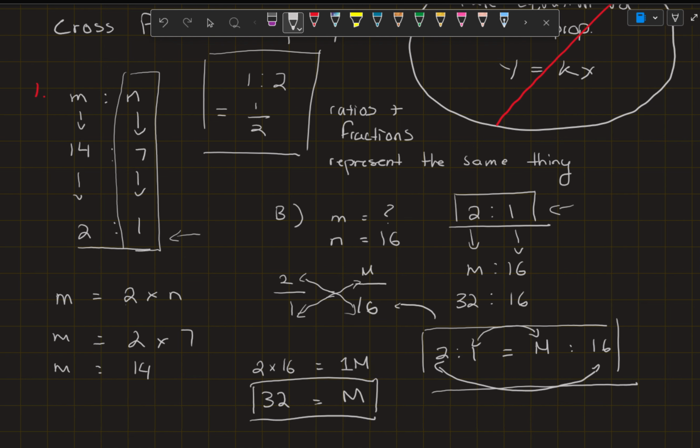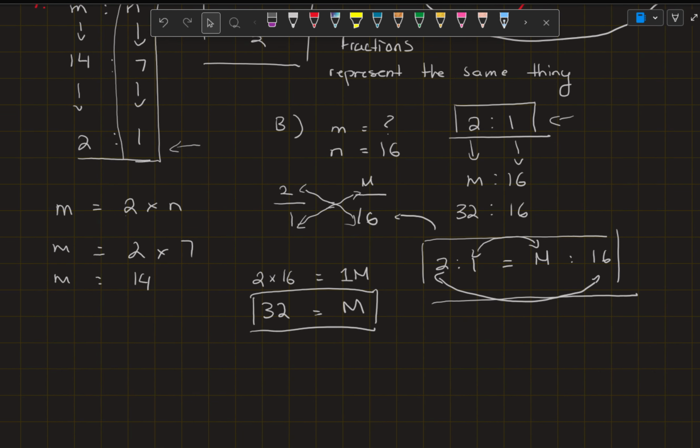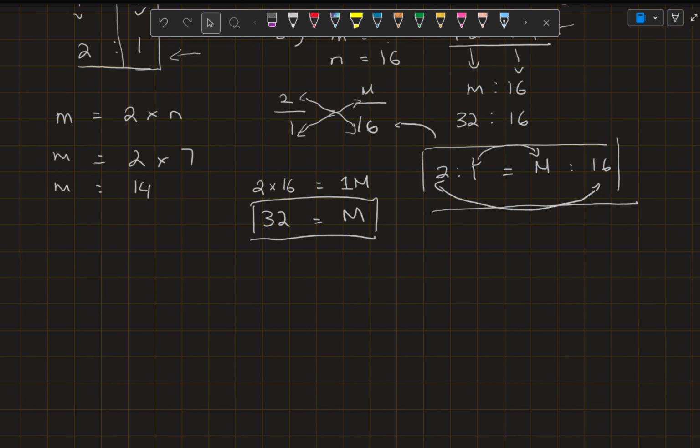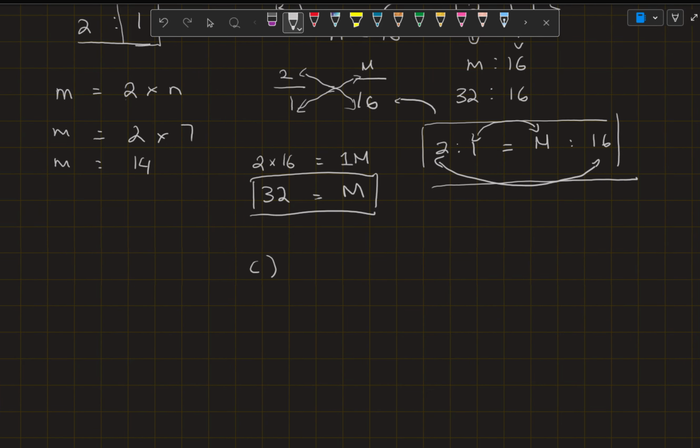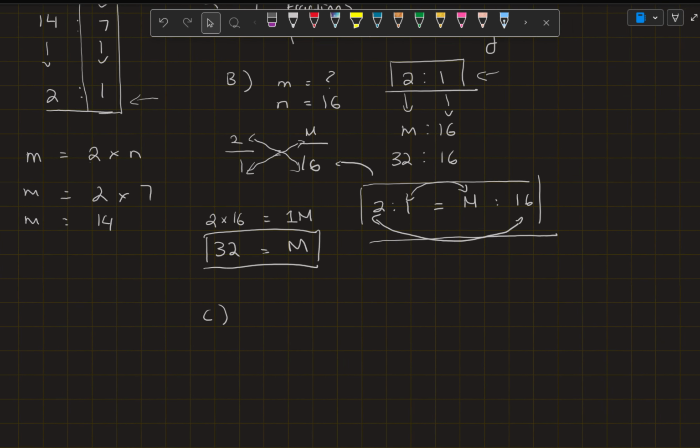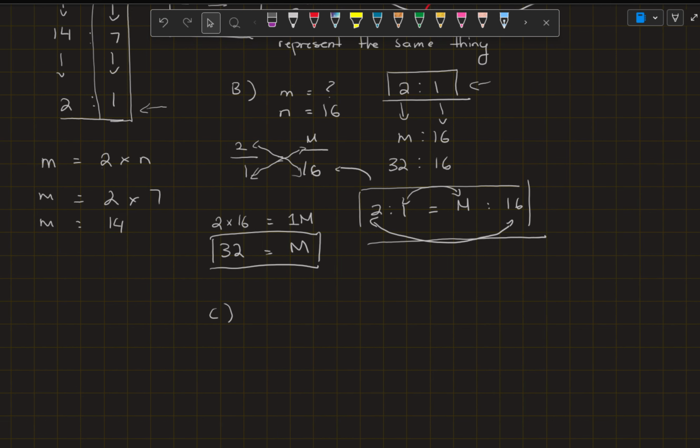I've got it, right? C for this question asks you to figure out n when m is 30. So this time we've got, sorry, I've got the sniffles, so you're going to be hearing a lot of that. This time we are given m, okay, but we are not given n. So I go back to my basic equation, right? This is the most simplified version.